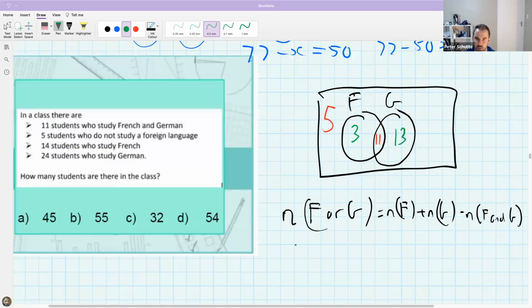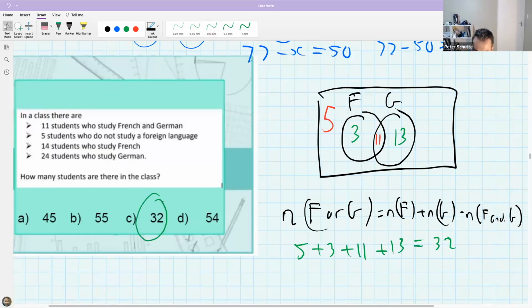So in total, we would get 5 plus 3 plus 11 plus 13, which would give us 32, which is C. So it's important to know your identities, but a lot of the time with Venn diagrams, most students find it easier to just fill in the values on the picture. But just remember the connection between this and this.